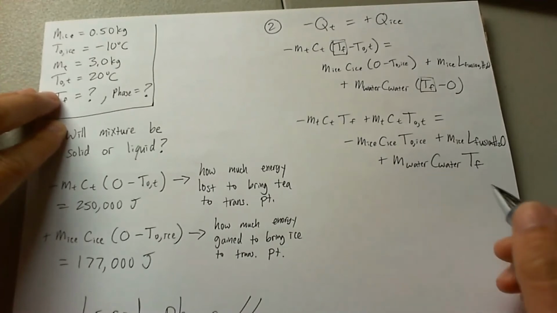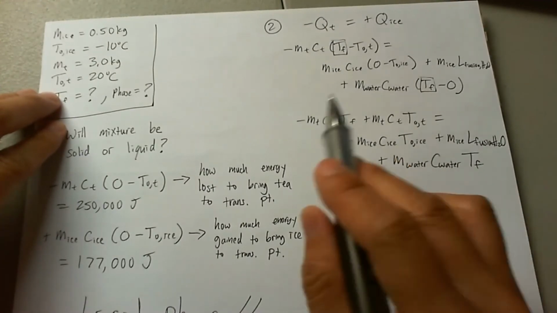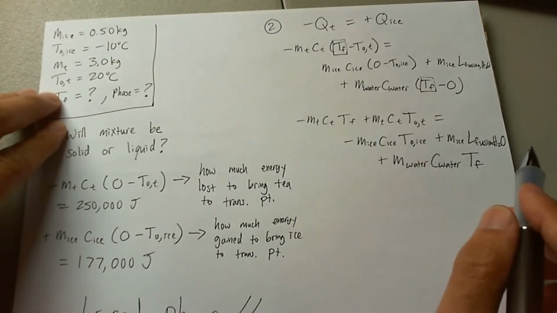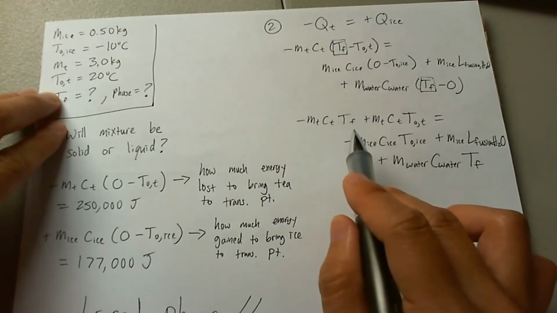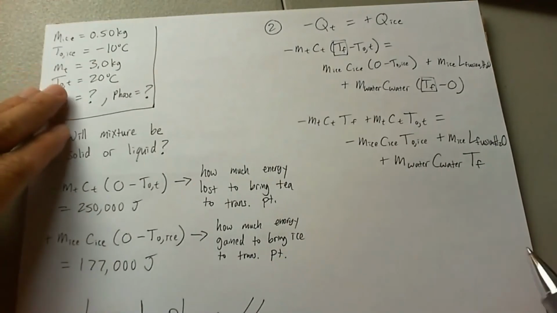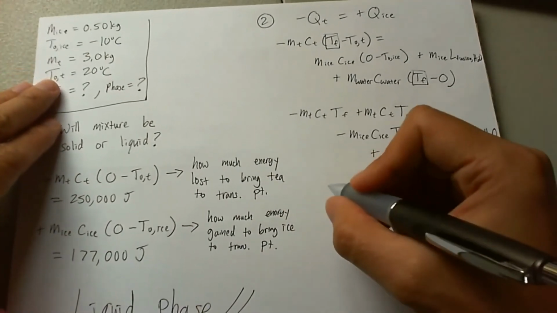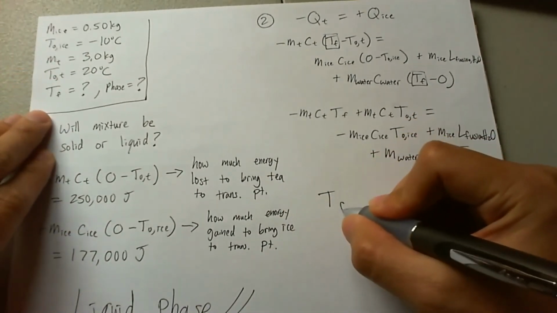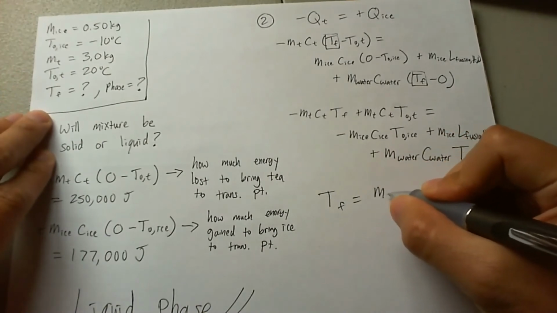And now let's go ahead and isolate TF by just bringing all TFs on one side, putting everything else on the other side, and then trying to split up the TF with the rest of the parameters here. And where we're going to get is TF equaling the following.